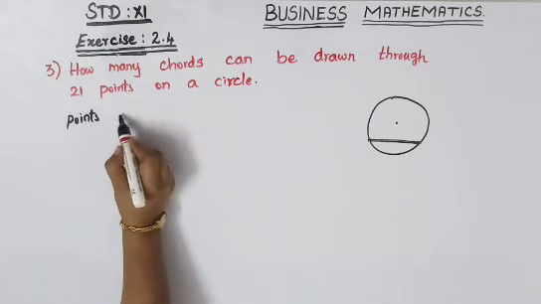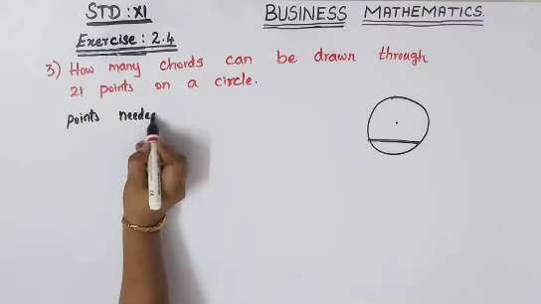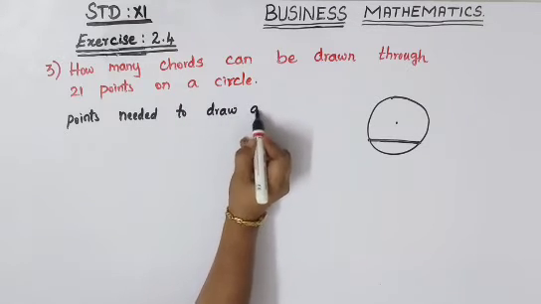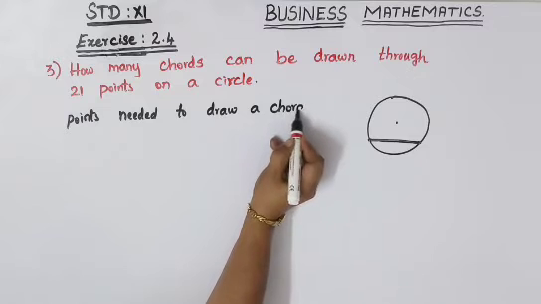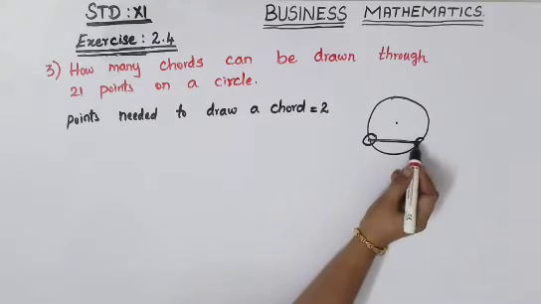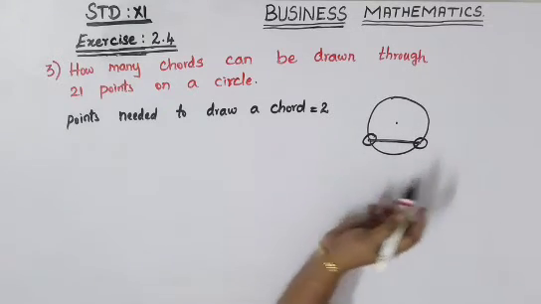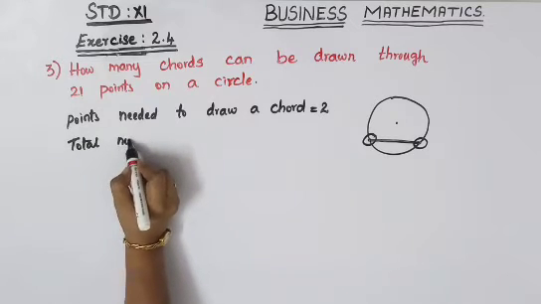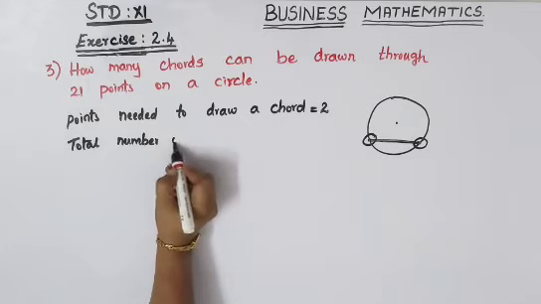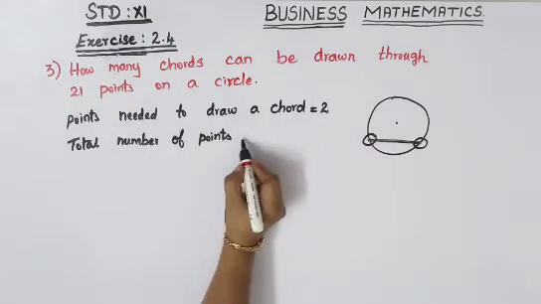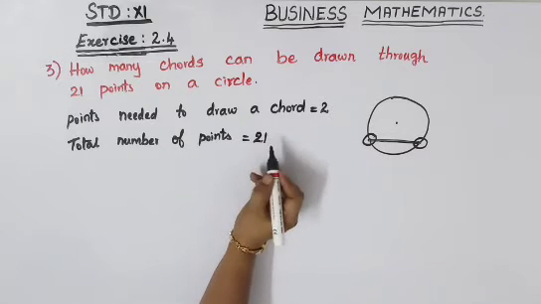Okay, points needed to draw a chord. So if you want to draw one chord means 2 points is needed. So here 1 point and here 1 point is needed to draw one chord. Okay. So the total number of points, how much is given is, they have given you 21 points. Okay, so 21 points is given.